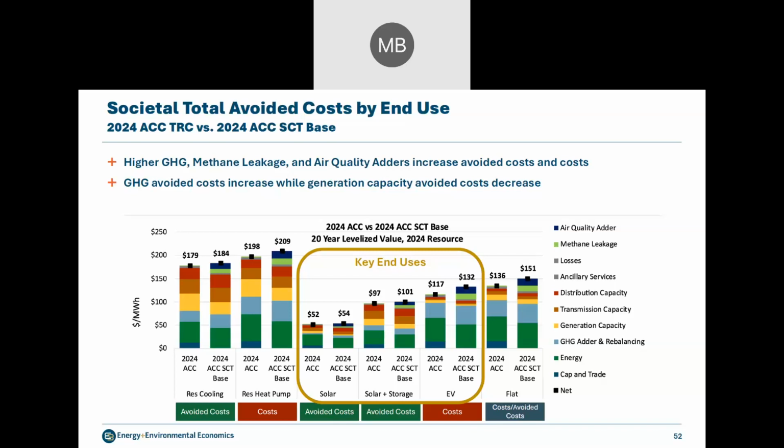Now, if we were to apply the change using SCT methodology, we would escalate this value using the 3% rate. But with that 3%, we actually have a lower cost of carbon for SCT. So that's why we decided not to include that in our model.